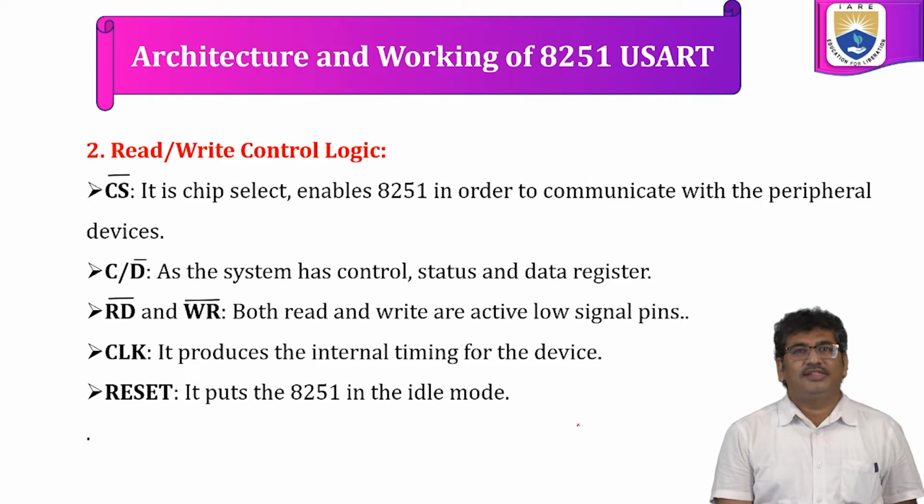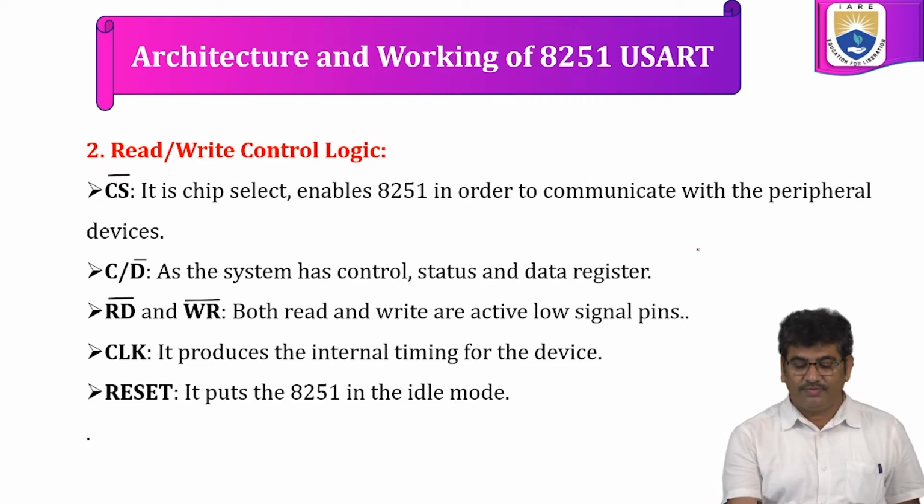The next pin is C/D bar. As the system has control, status and data registers, this pin indicates whether it is data information or control and status register information. If C/D bar is equal to 1, it indicates it is control information.